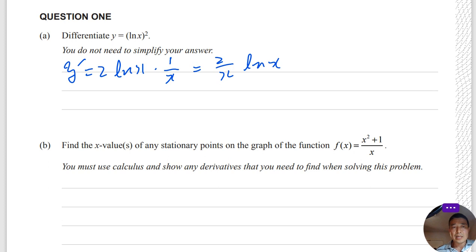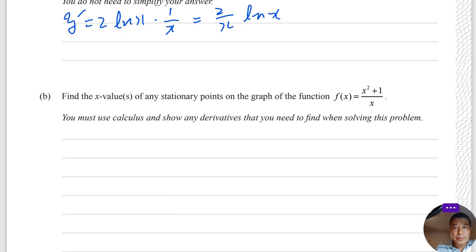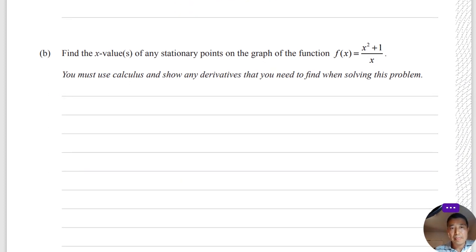That was easy. Question B, find the x values of any stationary points on the graph of this. All right, there are two ways to differentiate. First of all, to find stationary points, we have to differentiate, right? And we set that one 0.